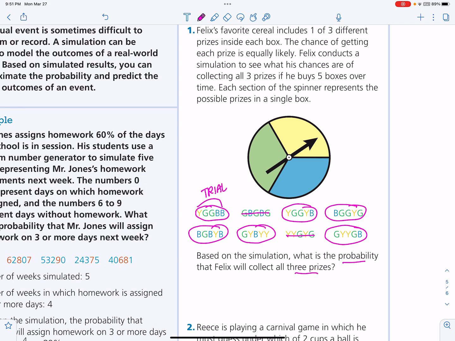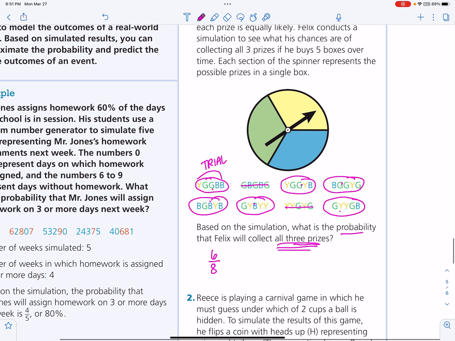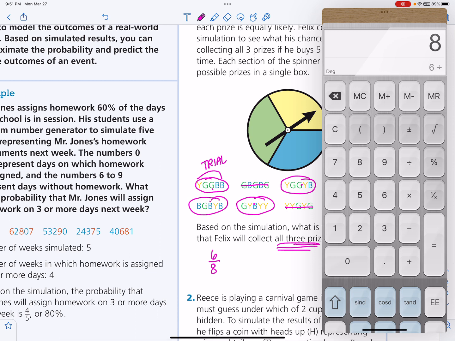So we're looking at how many did he collect all 3 prizes? Well, 1, 2, 3, 4, 5, 6 out of 8. Okay. So it's a 6 out of 8 probability of him collecting all 3 prizes. Let's go ahead and show the percentage, which equals 75%.